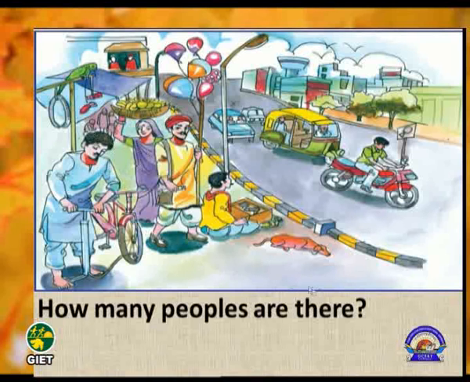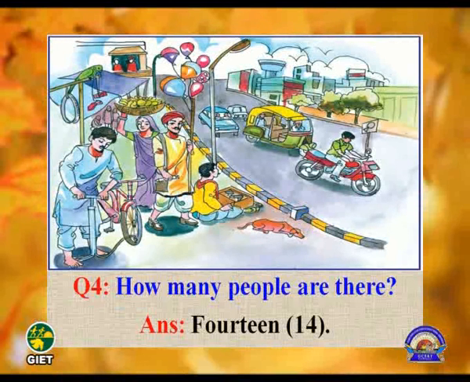Let's move on the road. 8, 9, 10, 11, 12 and here at the far end in a shop, or it might be a house also, 13, 14. Your answer is right. There are 14 people in this picture.